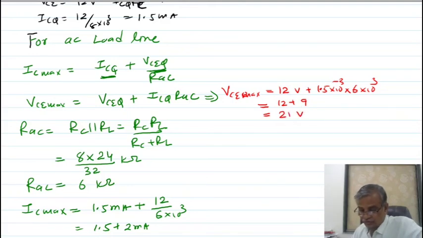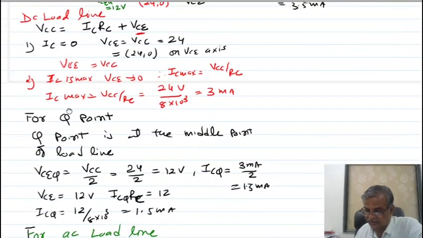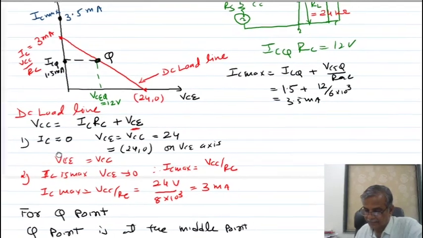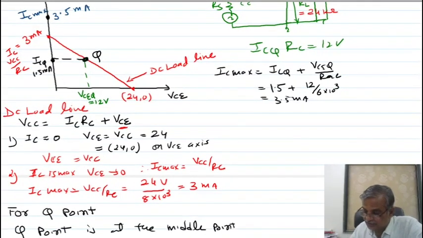To draw the AC load line, I have to calculate VC max. VCQ is 12, ICQ is 1.5, RAC is 6 kilo ohm, and I get 21. Now put the 21 here. This is 24, this is 21, so 21 must be somewhere here. So this is your VC max for AC load line.